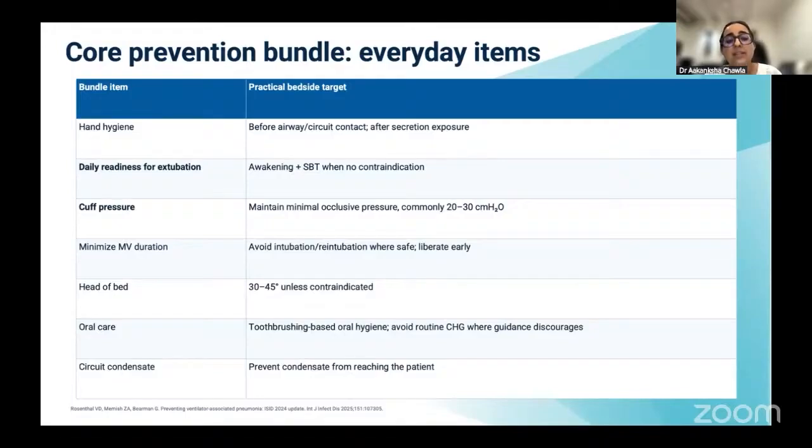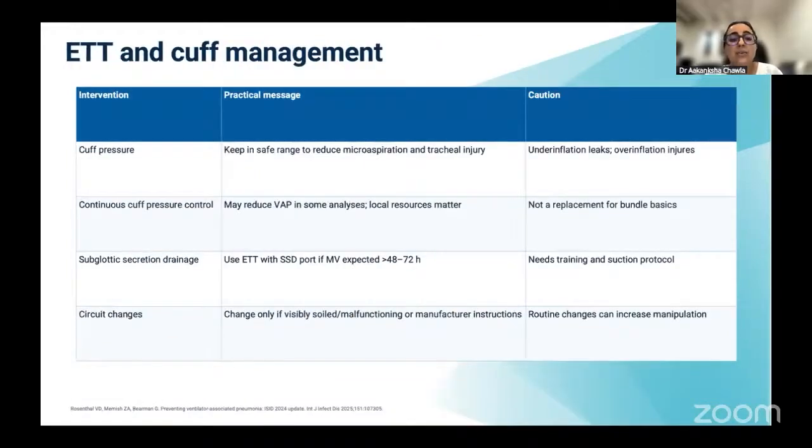You must reassess your patients daily for extubation. So spontaneous breathing trial, if there's no contraindication, should be given to the patient daily. And you must assess the patient's mentation, whether he'll be able to protect his airway or not. Cuff pressures. Now, cuff pressures generally recommended on an average 22 to 25 is a good cuff pressure, because below 20, there is an increased risk of aspiration, developing VAP.